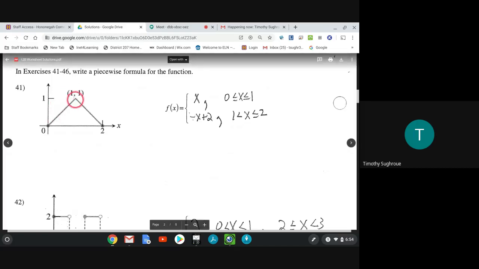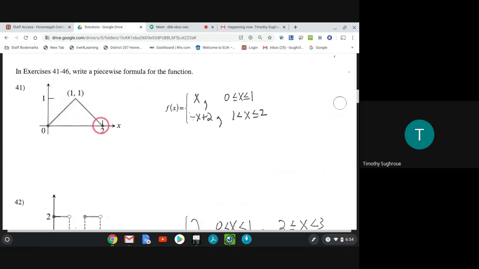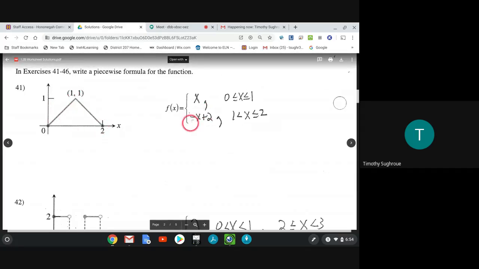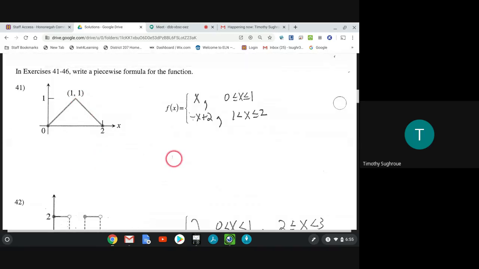The second piece has a slope of down 1 over 1. It has a slope of negative 1 times x. And if I go up 1, back 1, I'll be up at 2. You could do that, or you could do point slope. Start with a slope of negative 1, going through this point, and figure it out using your point slope formula.